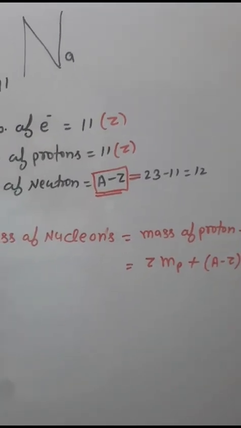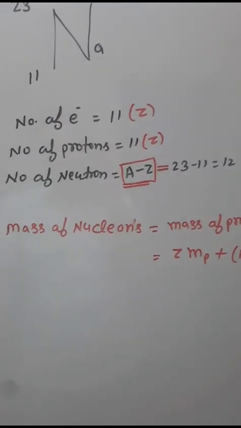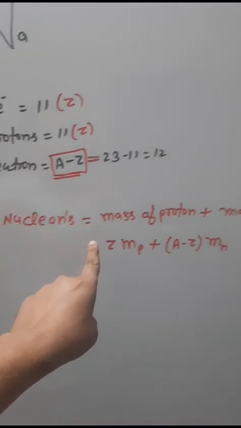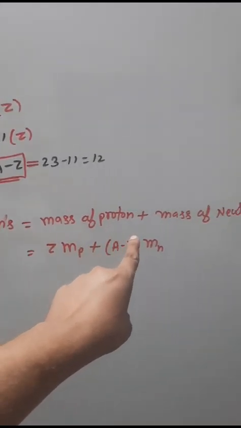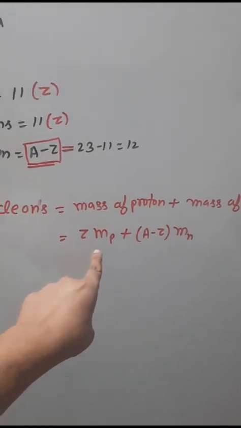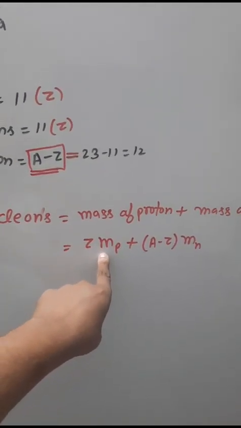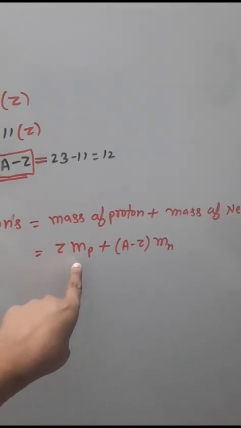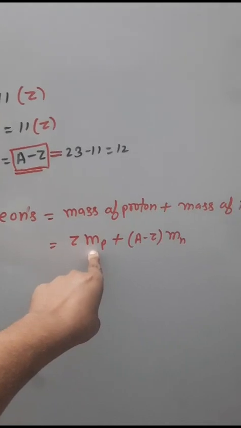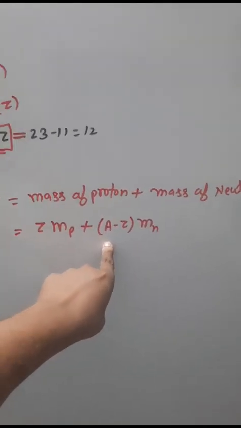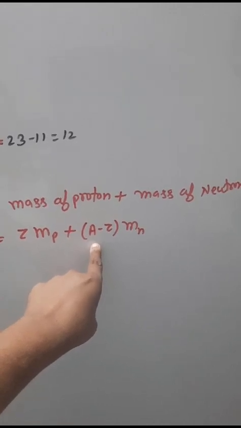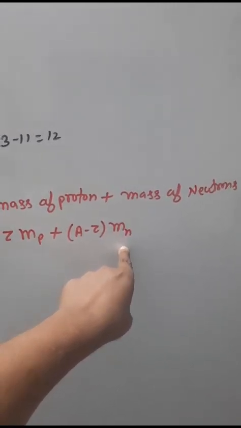So let's calculate the mass of nucleons. Mass of nucleons is equal to mass of protons plus mass of neutrons. Proton mass, how will we calculate? We know one proton's mass and we will multiply by how many protons, so Z into mass of proton. We know the number of neutrons is equal to A minus Z, so A minus Z into mass of neutron.